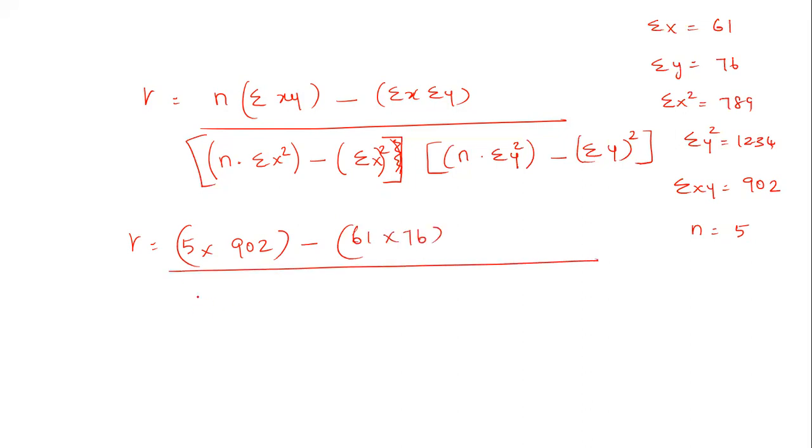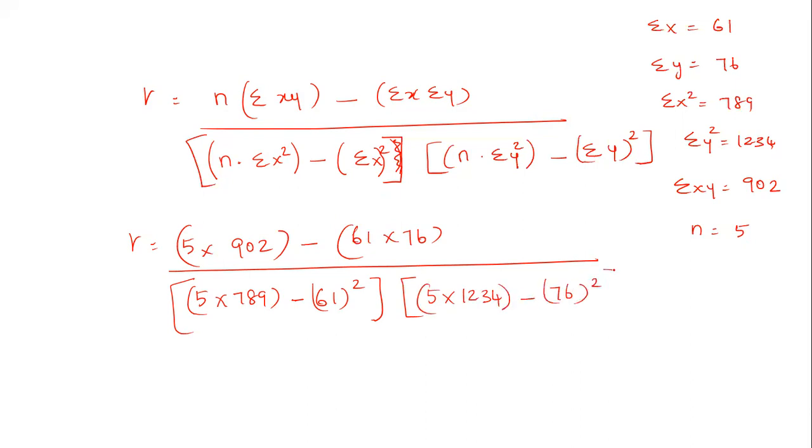In the denominator, 5 into summation X square, 789, minus summation X, 61, the whole square. The other entity is 5 into summation Y squared, 1234, minus 76 the whole square.